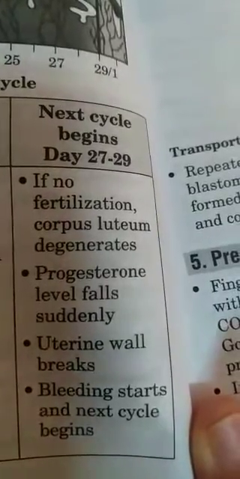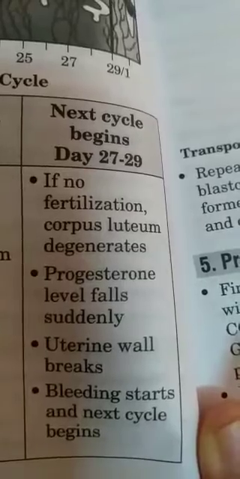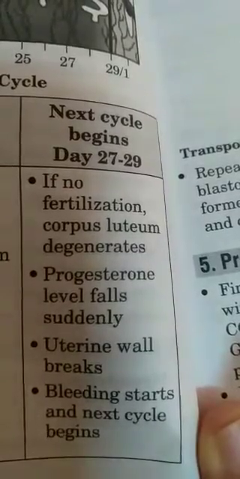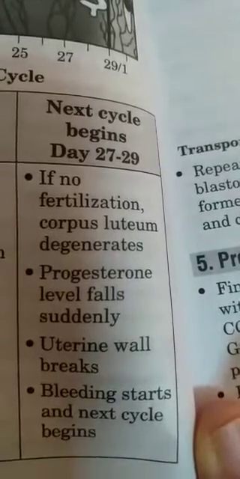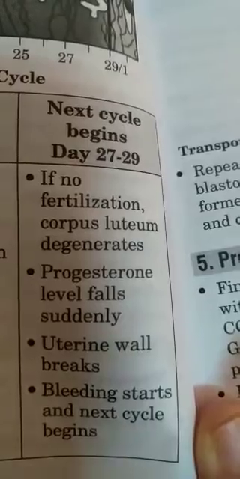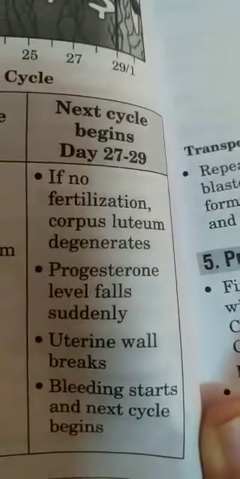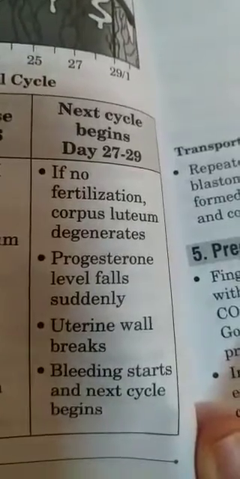Suppose there is no fertilization of the released egg. Then the corpus luteum will automatically degenerate, progesterone level falls suddenly, the uterine wall breaks, bleeding starts again and the next cycle begins.